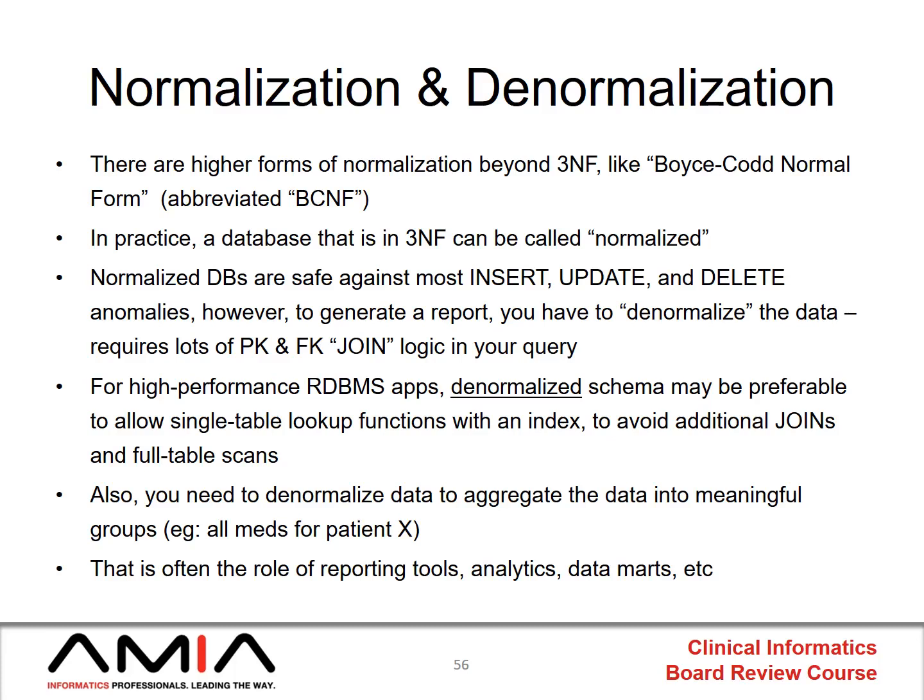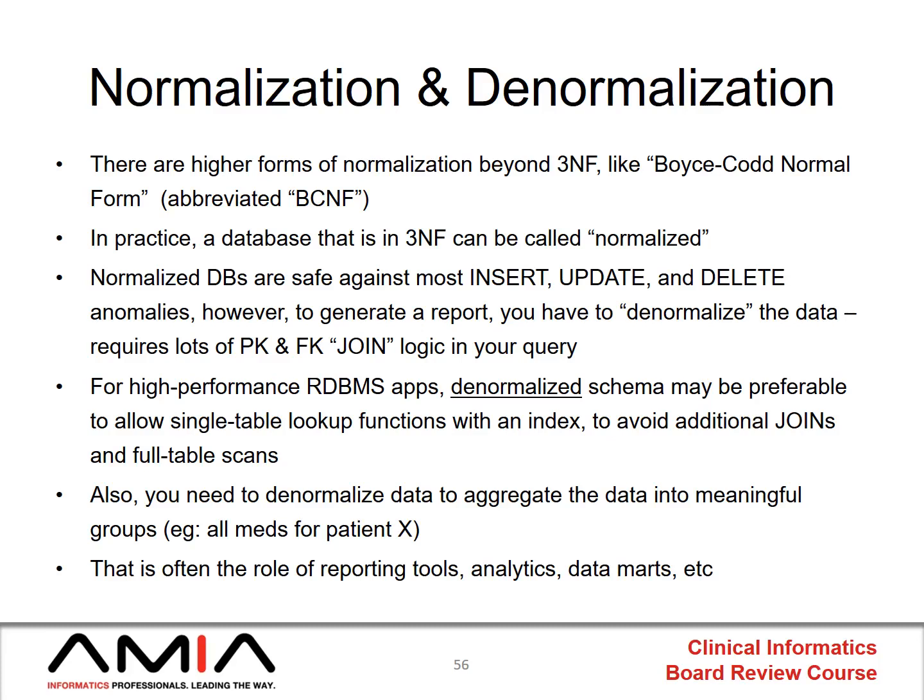But just recall that even though it's a better and more durable long-term solution for how to store these data, if you want to use it for any aggregated reporting, you have to first denormalize the data. And so for high-performance relational database applications, you sometimes need to denormalize the data on purpose to allow for single-table lookups without having to do all kinds of additional joins.